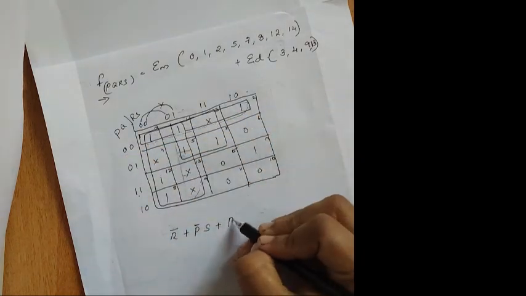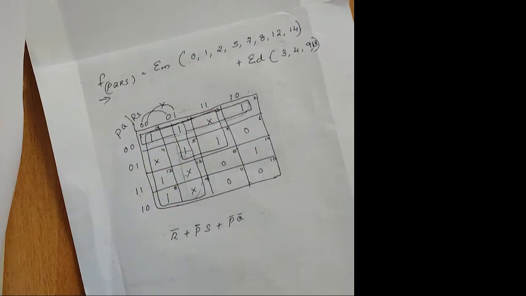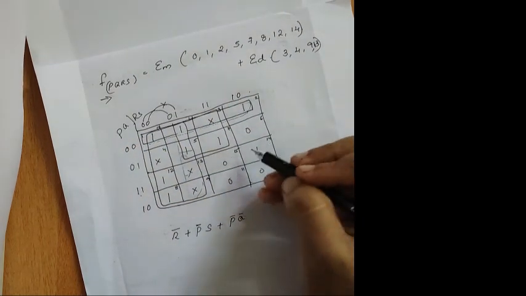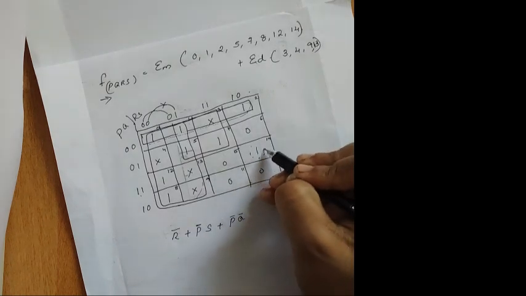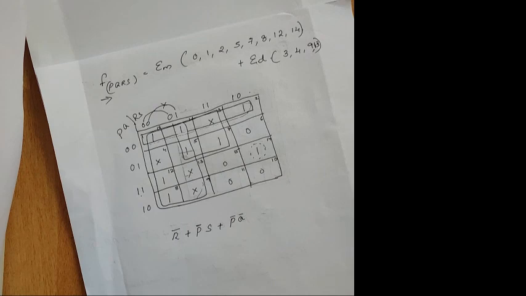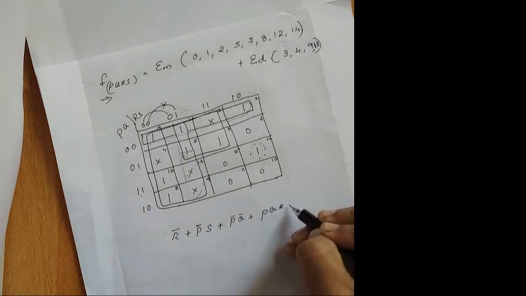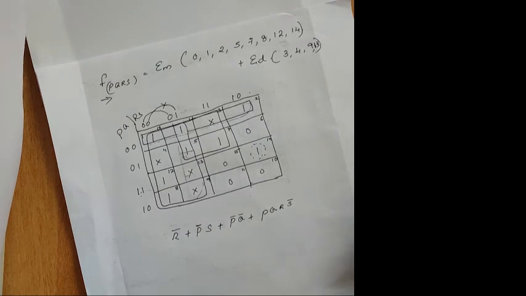Corresponding we will get P bar, Q bar, and here the data can't be taken. And in this case, look, no don't care is there, nothing is there. I can't do anything, so I have to group it in a single bit. And you will get it as P, Q, R, S bar. Corresponding P, Q, R, S.